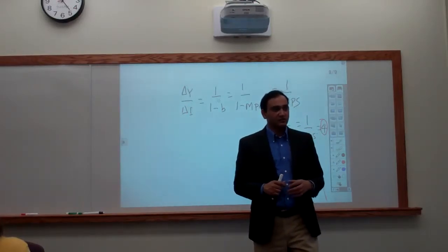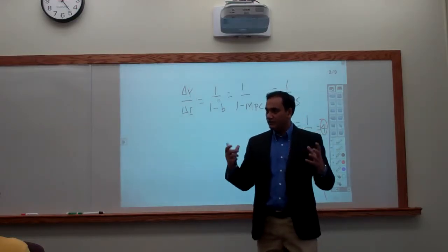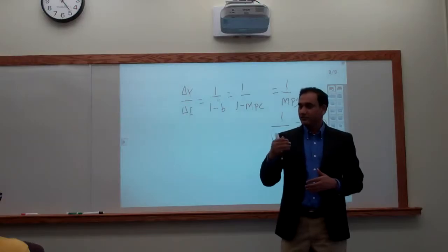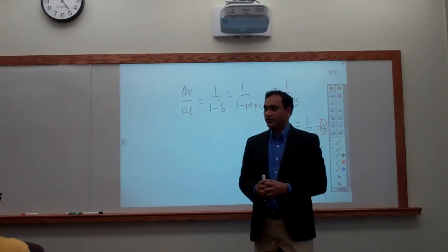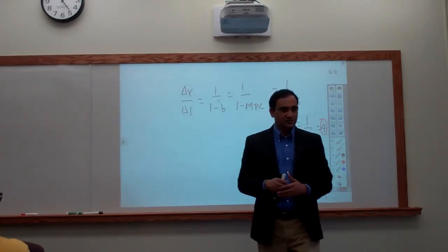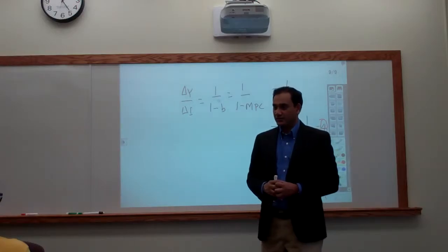We'll add government sector, financial sector, foreign sector, and so on. A lot of things will be thrown into this model and it becomes more complex. We'll try to go closer to what the real world looks like, and try to address the same questions and see what needs to change as a result.